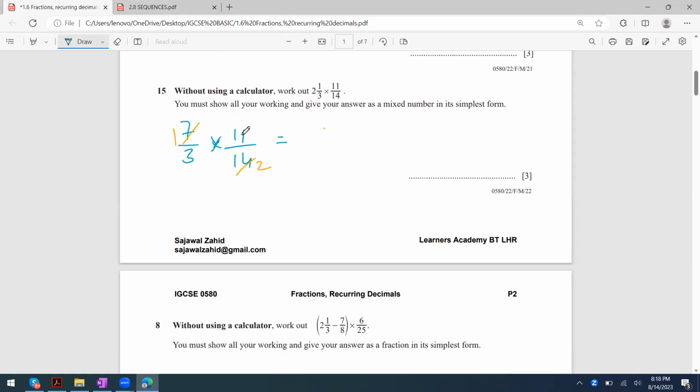So multiply numerator with numerator, it's 11. Denominator with denominator is 6. Okay, 11 over 6 is the answer, but they say give your answer as a mixed number. So let's put 11 under the division, 6 outside, 6 ones are 6. Remainder is 5. So 1 5 over 6.